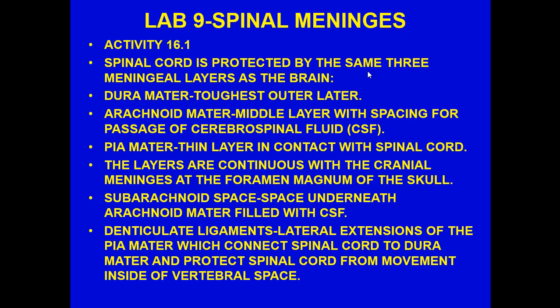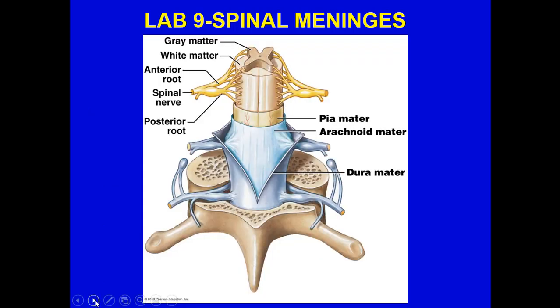What we want to do is prevent lateral shifting from one side to the other of the spinal cord. It doesn't need to bang around inside of your vertebrae. So we have lateral extensions of the pia mater, which connect to the spinal cord, and they connect further to the dura mater, and they protect the spinal cord from movement inside of the vertebral space. And I'll show you actual cadaver images of that in a minute.